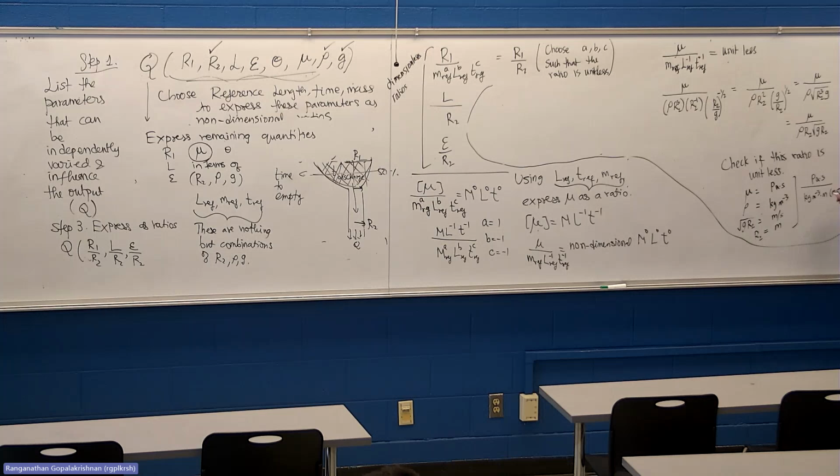So I'm going to get Pascal being Newton per meter squared, Newton being kg meter per second squared, divided by kg per meter per second. I did that, but you should do it on your paper and see if you agree with me.